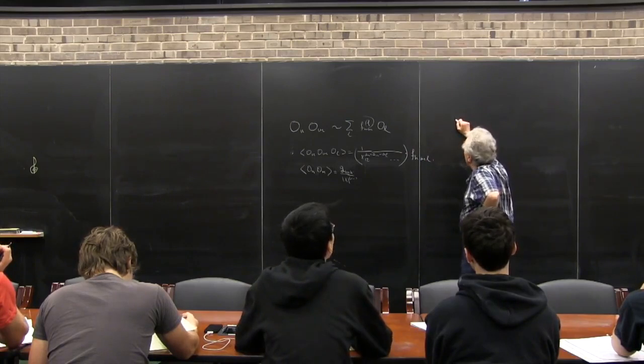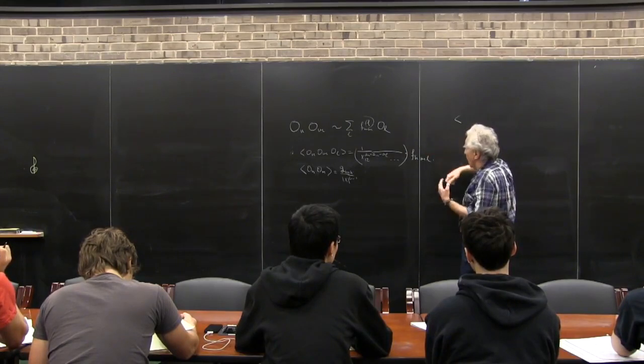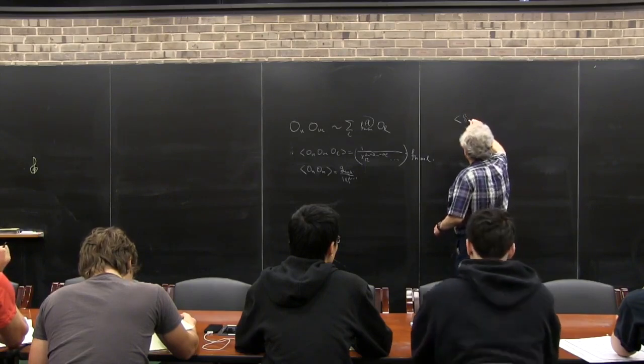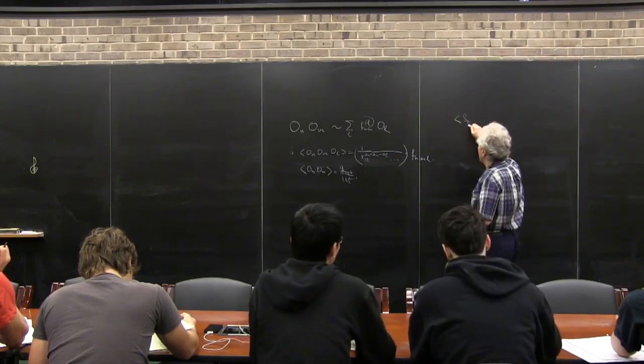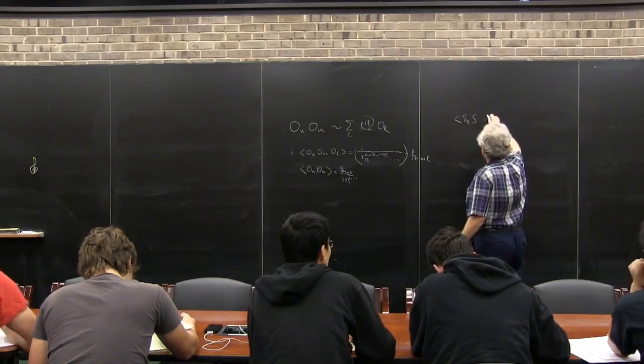The general Ward identity is obtained when you make some symmetry transformation, some gauge symmetry transformation. You have some parameter epsilon, the action changes, and you have some fields.